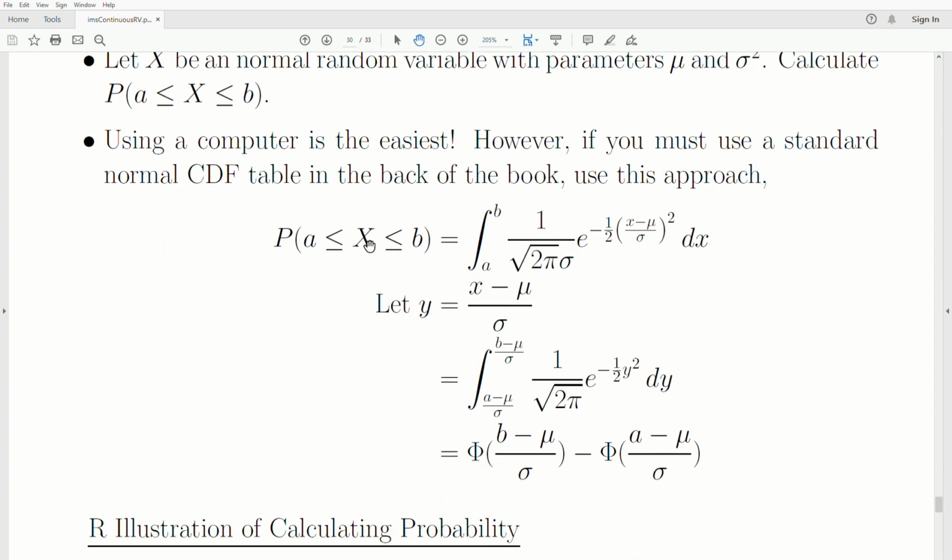So the probability that X is between a and b is integrating the density from a to b. And this is the density of a normal distribution. Let's do a change of variable, y equals x minus mu over sigma, this piece here. Now don't forget about the Jacobian, which is the derivative of this.